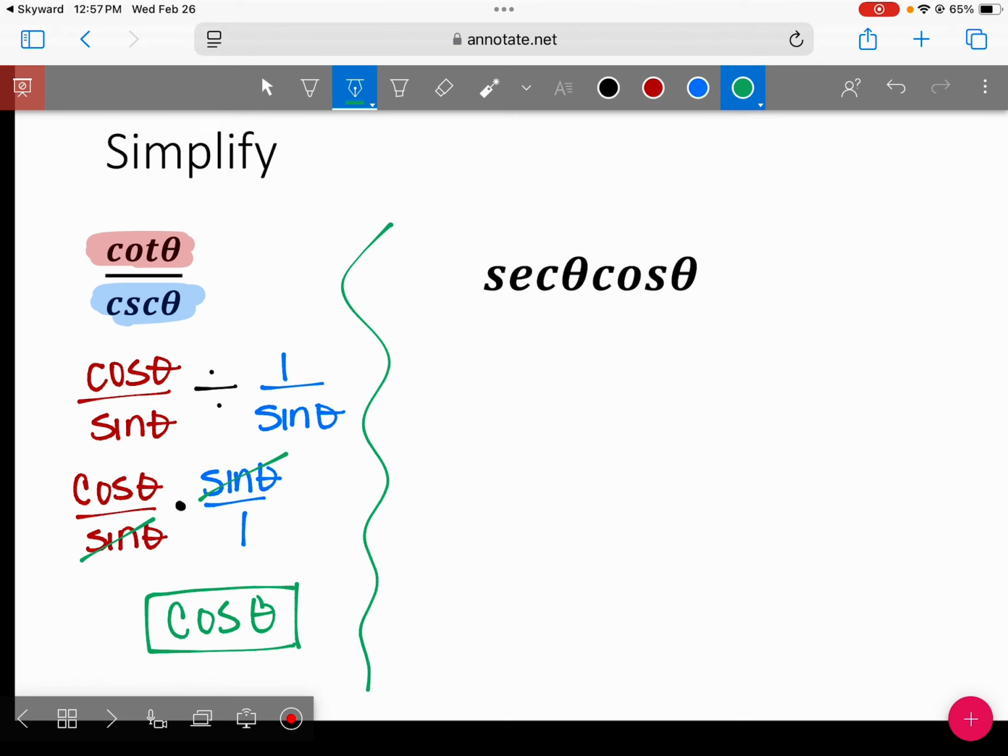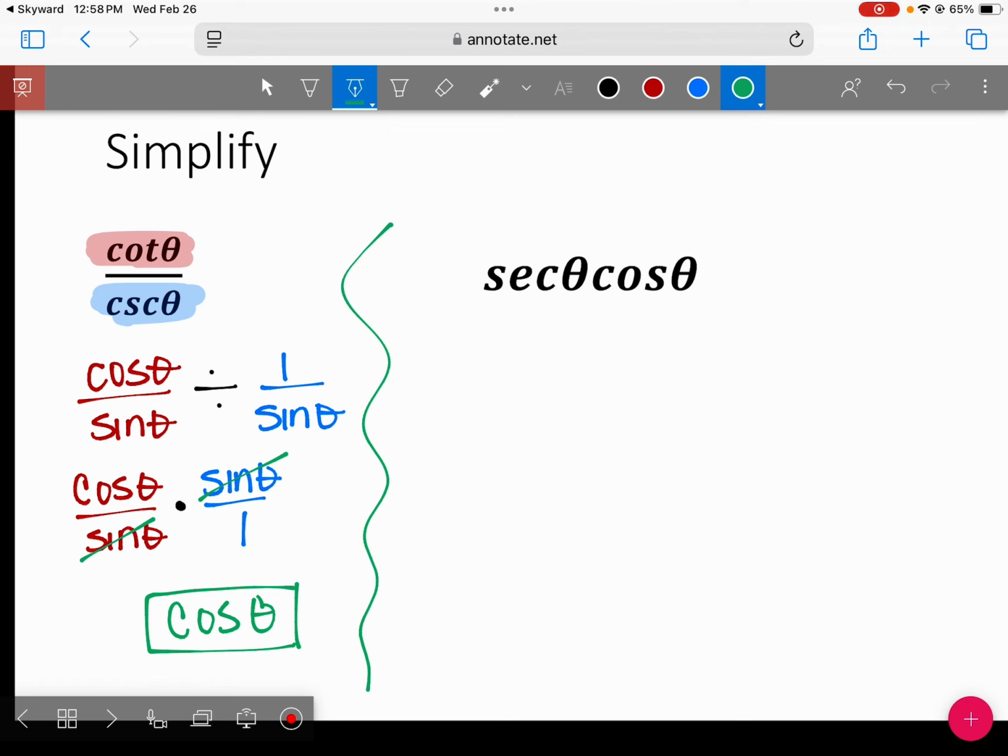Now, this is the second helpful hint that I gave you, which says when you multiply sisters, you get what? 1. Do you agree that secant and cosine are sisters? They are sisters. They got the same mom and daddy.